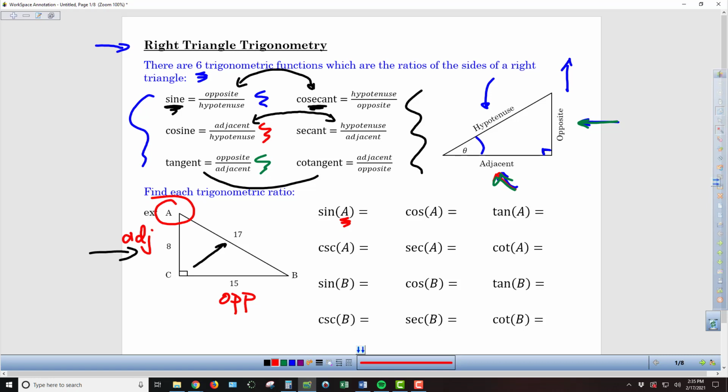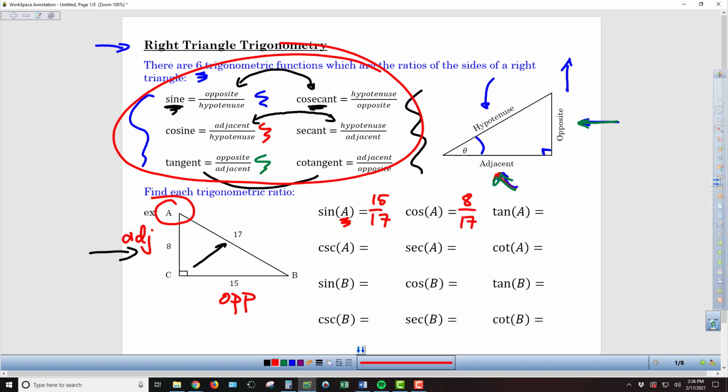So the sine of angle A is opposite over hypotenuse, so I've got 15 over 17. Cosine is adjacent over hypotenuse, so the adjacent side in this diagram is 8. The hypotenuse remains 17, so we get 8/17. And then for tangent, we've got opposite over adjacent, so 15 over 8.